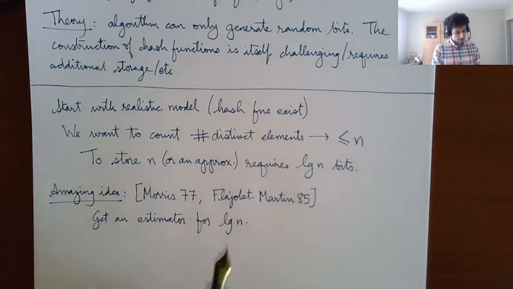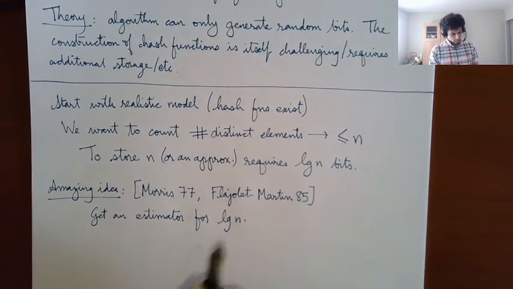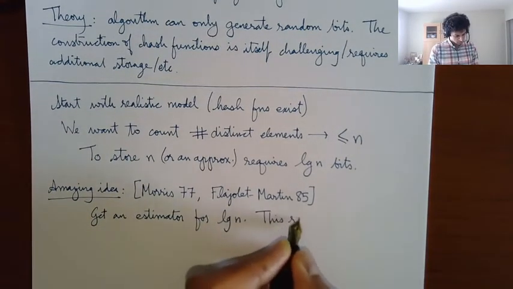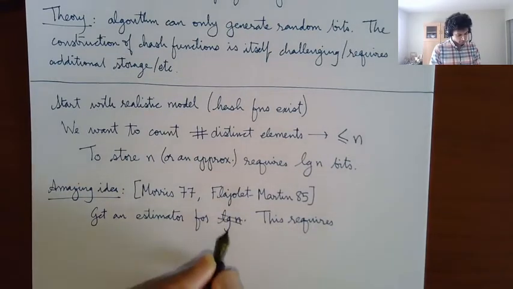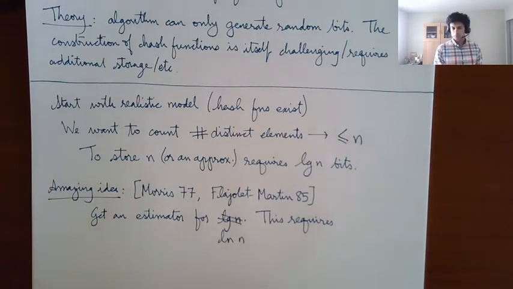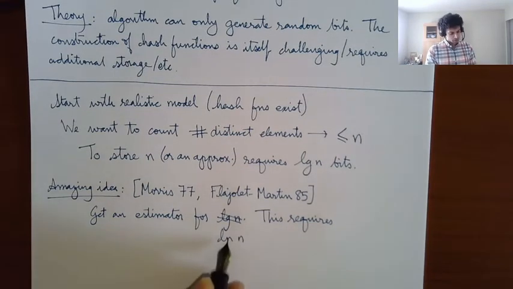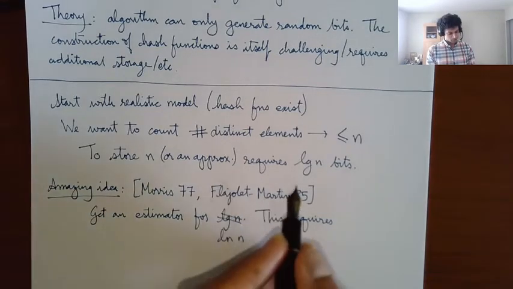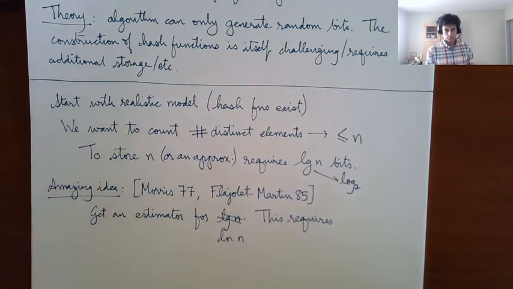So don't try to estimate n, estimate log n. Technically, instead of log n, I'll say the natural log of n, but for our purposes, we're not going to get into that distinction as of yet. So let's just say you want an estimator of log n, or lg of n. By lg, I mean the log base 2.